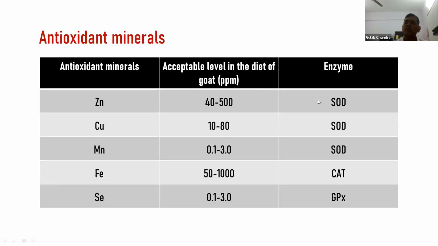Without zinc, the activity of superoxide dismutase is impaired. And this one is copper. Copper and manganese both are also essential for the activity of superoxide dismutase, and these levels may be added in the diet of the goats to prevent the formation of free radicals and increase the productive and reproductive performance of the goat.